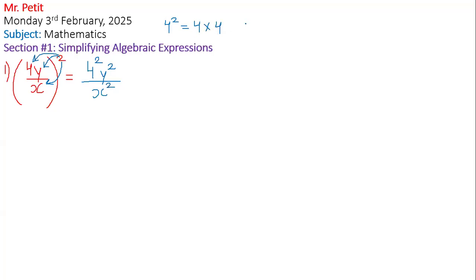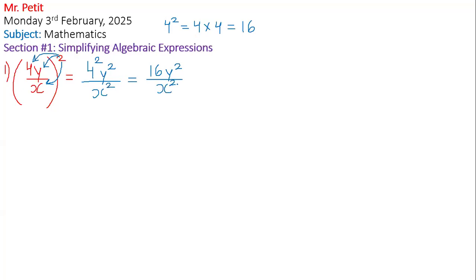And what is 4 times 4? 4 times 4 is 16. Very good. So it's going to be equal to 16y squared all over x squared.